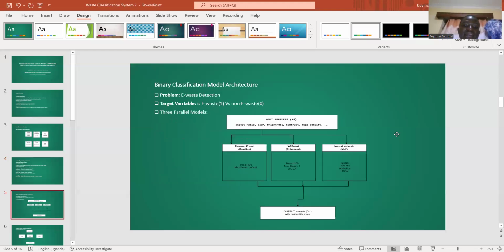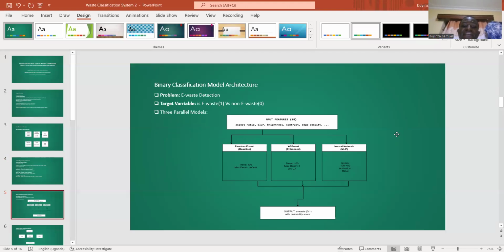When we look at the binary classification model architecture, first of all, we look at the problem at hand, that is e-waste detection. The target variables for our e-waste detection problem are e-waste and non-e-waste. Those are the major points of concern.